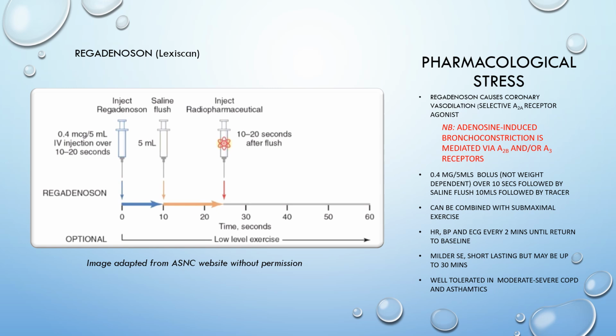And it's not given per kg, it's given as 0.4 milligrams that comes in a 5 mL bolus, given over 10 seconds, followed by a saline flush, and then followed by the tracer, just as in the diagram. Then we wait for whatever the tracer rules are, and we can put the patient into the gamma camera.